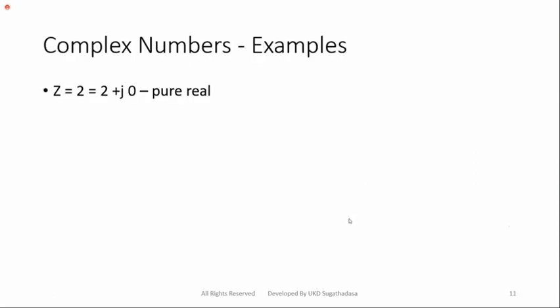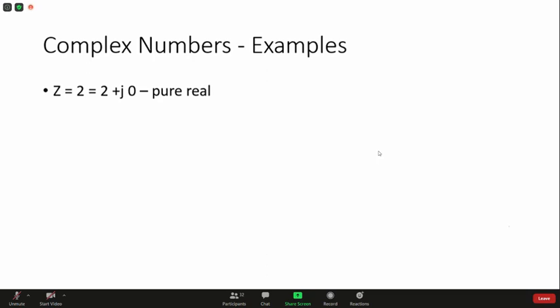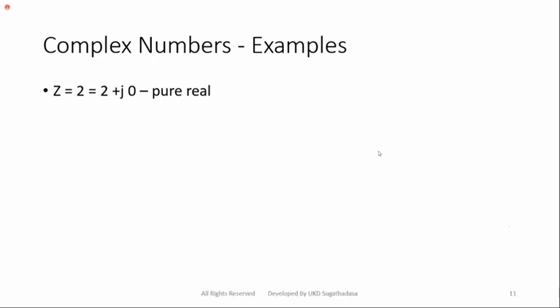I will give you some examples to understand. Let us see this number 2. Can you remember when we defined the complex number? All Z, all N, all rational numbers Q, all R belong to the complex numbers. Now, what is the number 2? If you convert it into the A plus JB form, it is 2 plus J0.